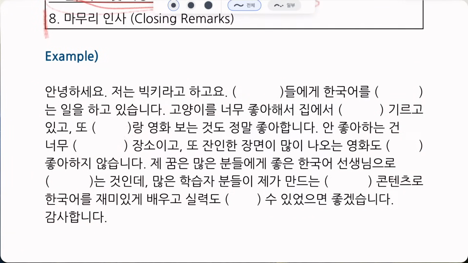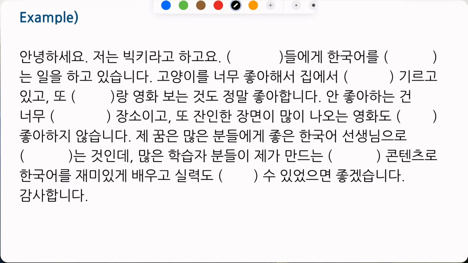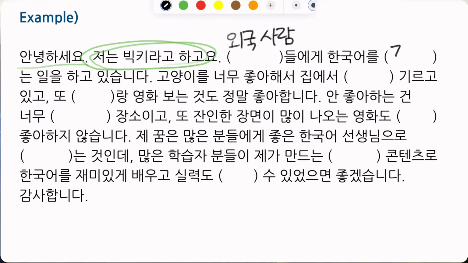일단은 그럼 I'm sure after what we've learned so far, you guys can understand a lot of it. 일단은 볼게요. 안녕하세요. 저는 비키라고 하고요. So, I'll continue. 외국 사람들에게 한국어를 가르치는 일을 하고 있습니다. 맞아요. So, 외국 사람 means foreign person.